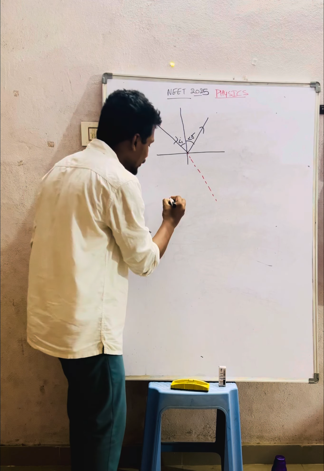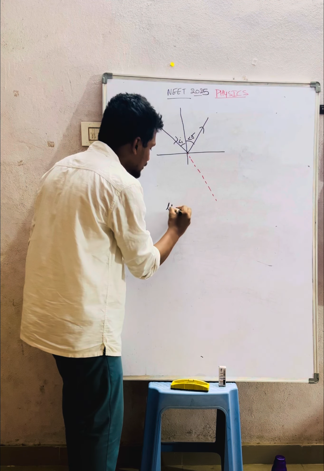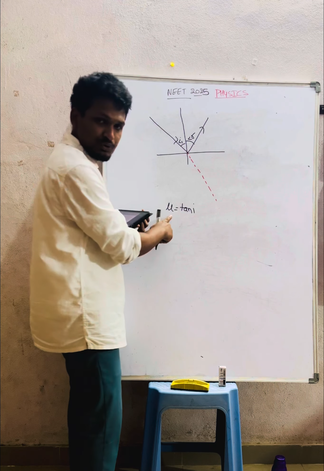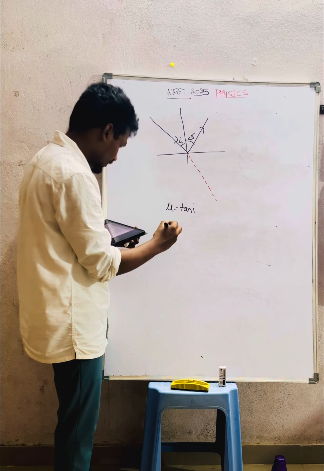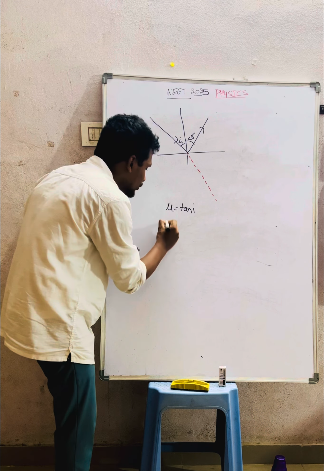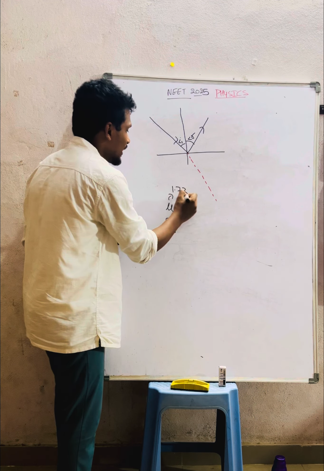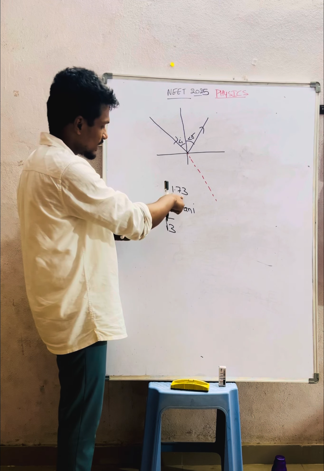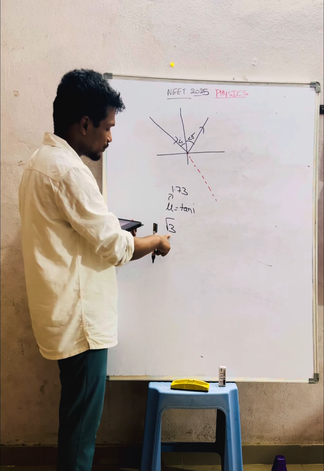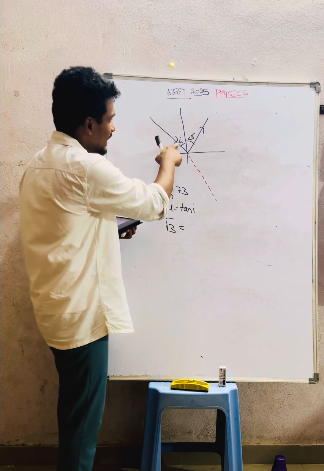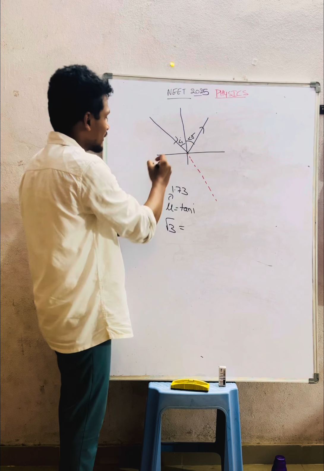Also we have the formula mu equals tan I. Mu is given to be 1.73, which is approximately root 3. I can call it root 3 because the question gives mu as 1.73, which is approximately equal to root 3. So root 3 is equal to tan I, and I is equal to R, the angle of reflection.